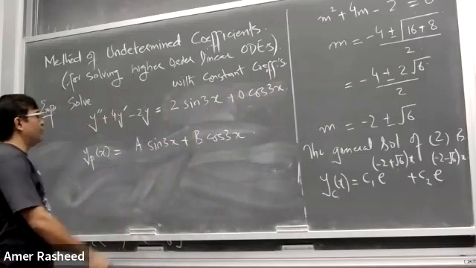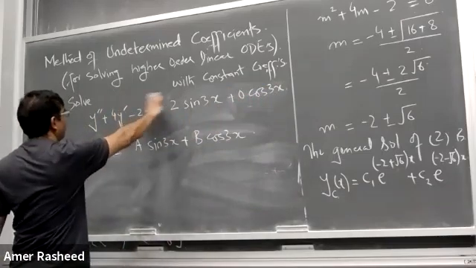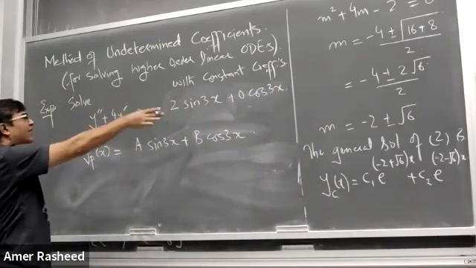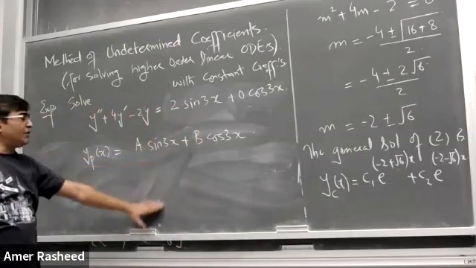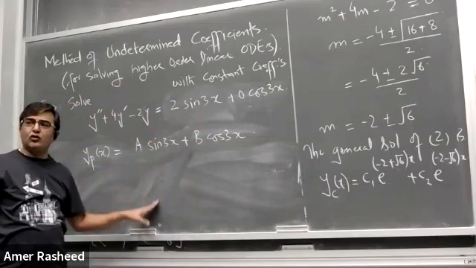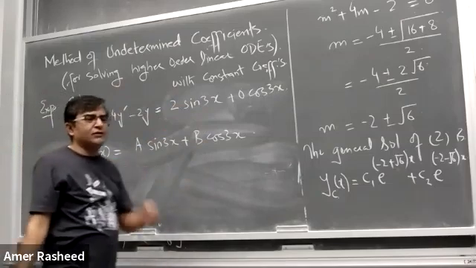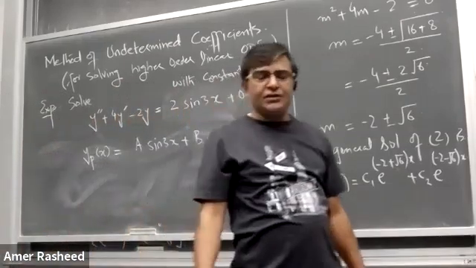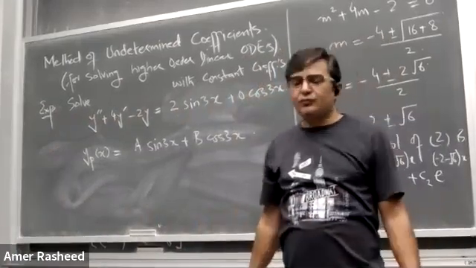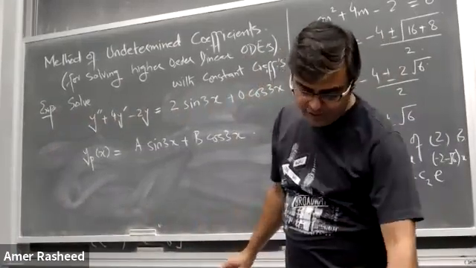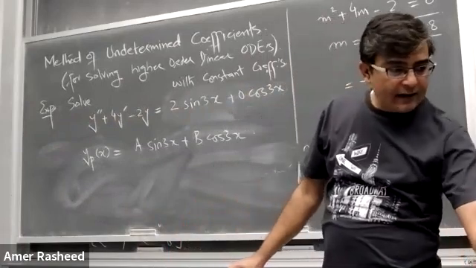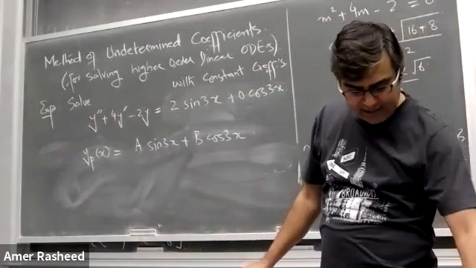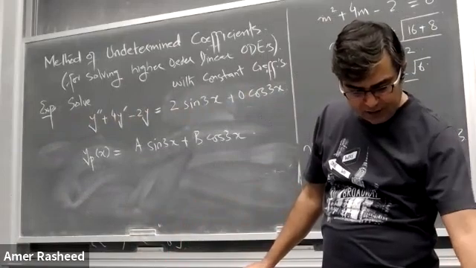By inserting this into the given differential equation and comparing coefficients, we get a system of linear equations in the unknown coefficients. Solving that linear system, we find the values of those coefficients. I hope you get it. If anyone has any question, you can ask.